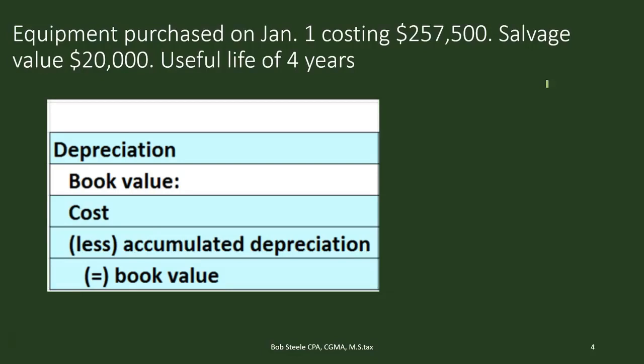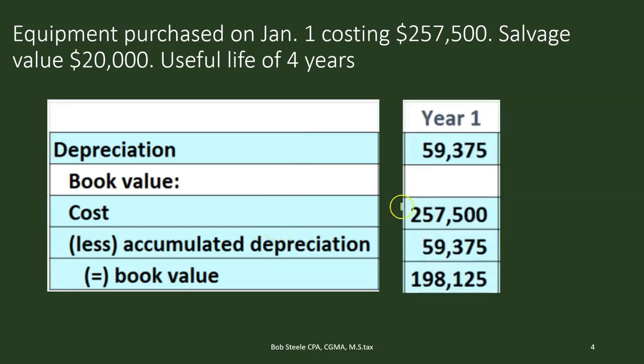If we look at a table in terms of the calculations, we can think of it in terms of a table, then we can think of it in terms of the trial balance and what it will look like in relation to other accounts. So if we think about it in terms of a table, we know that depreciation is what we just calculated. Then we want to think about the book value. The book value is going to be the cost less the accumulated depreciation. So we just calculated the 59,375 for the depreciation for this period.